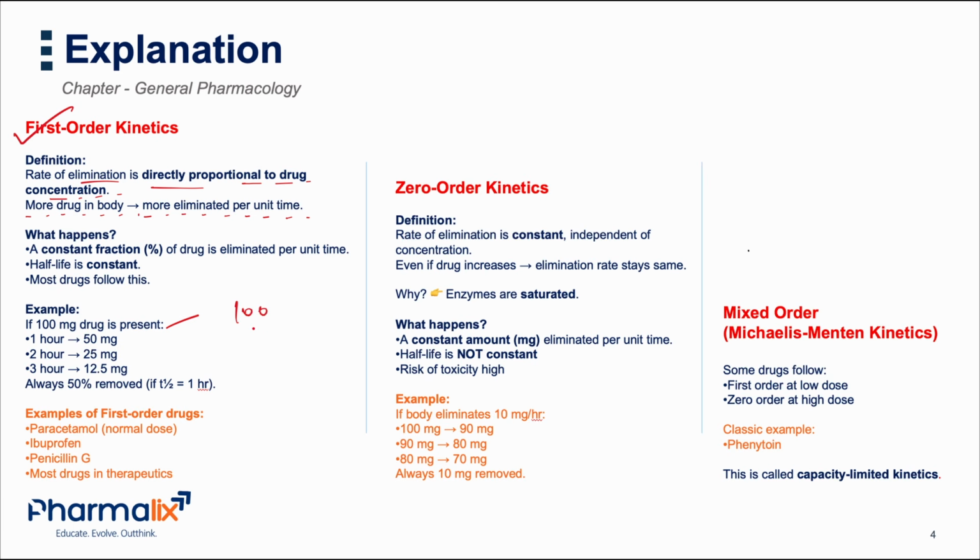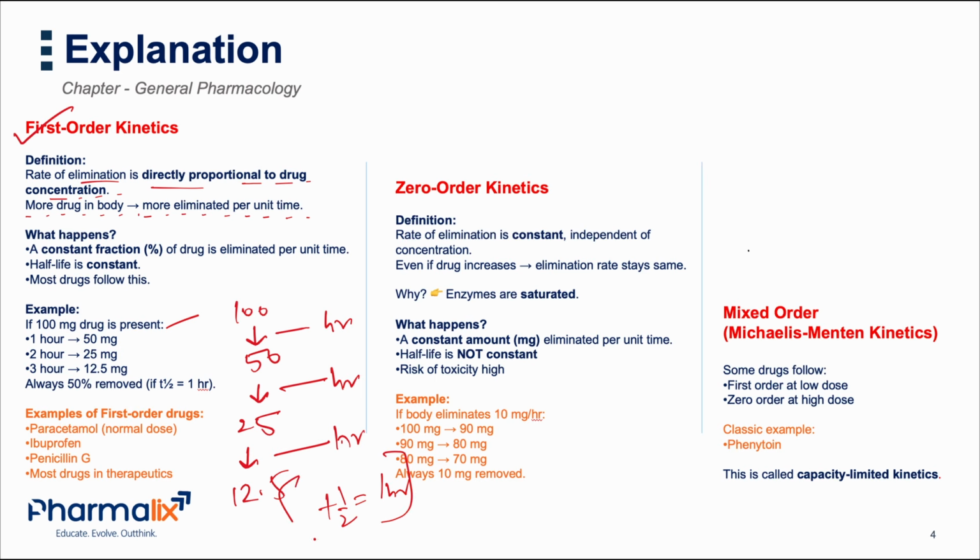So 100 mg after 1 hour becomes 50, after another hour 25, after another hour 12.5. So after every hour it becomes half, so its half-life will be 1 hour. This is how we understand that always 50% is removed because of the concentration.